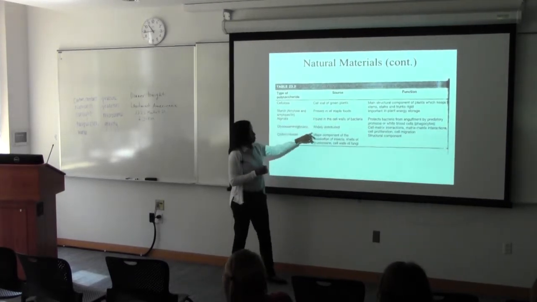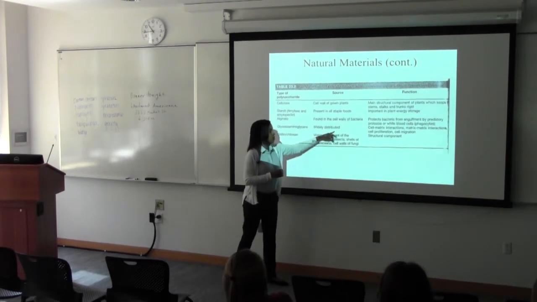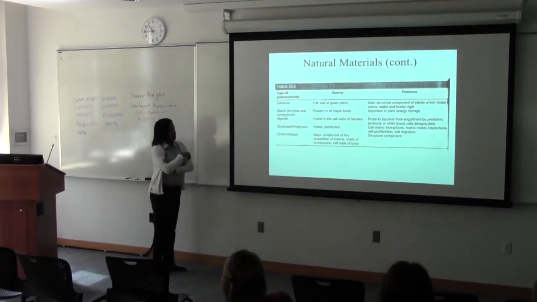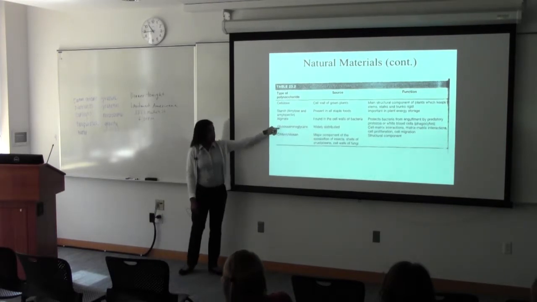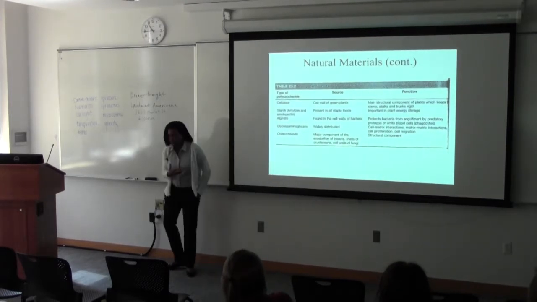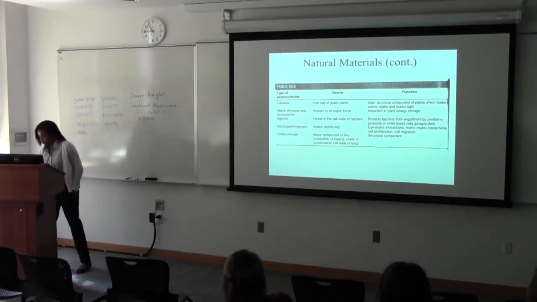All of these are readily available types of materials. We'll get into these. They have different properties than, say, your collagen or protein, so we'll talk about why they may be more favorable for certain applications. And then the chitin and chitosan. So, a fairly good amount of natural materials.